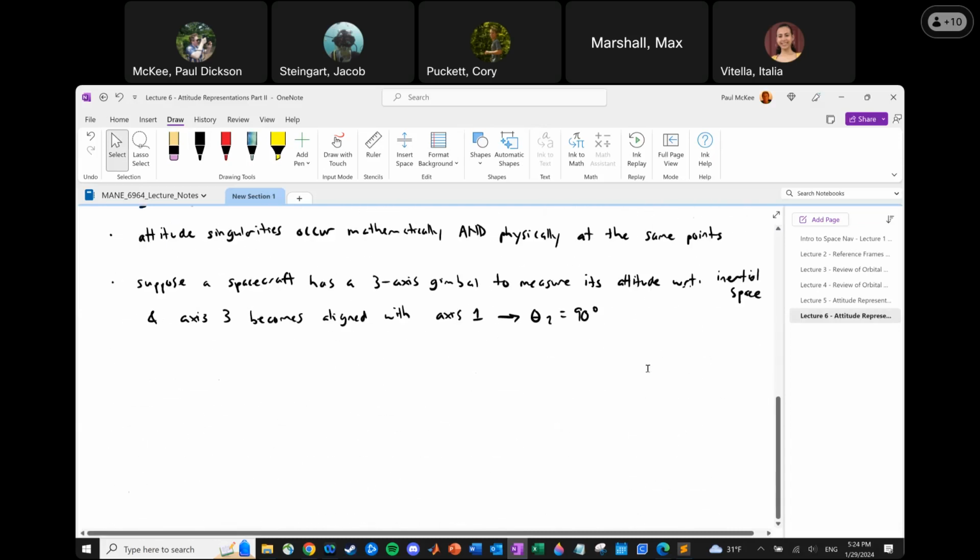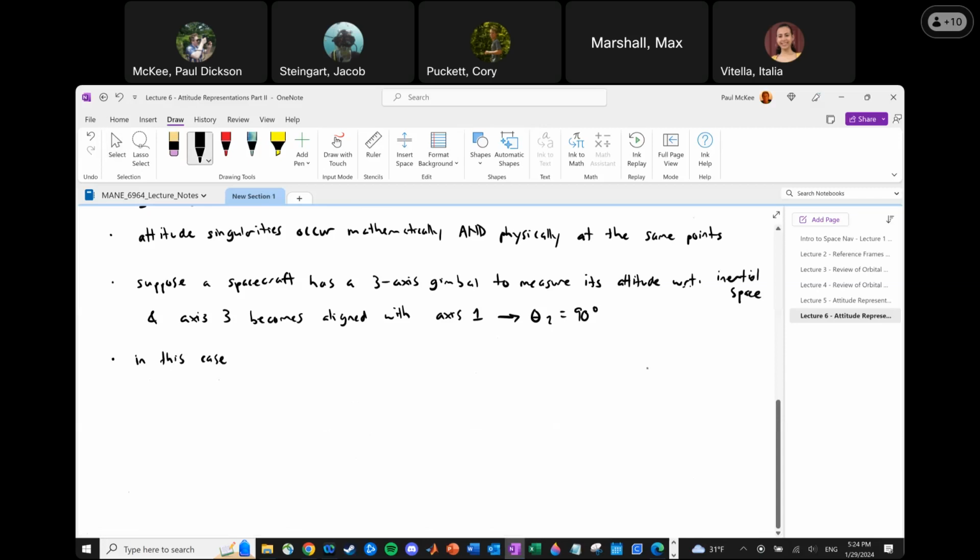And so you could think of it this way. In this case, that axis 3 and axis 1 are lined up. In this case, a rotation about axis 3, or sorry, axis 1 or 3 produces the same motion overall.